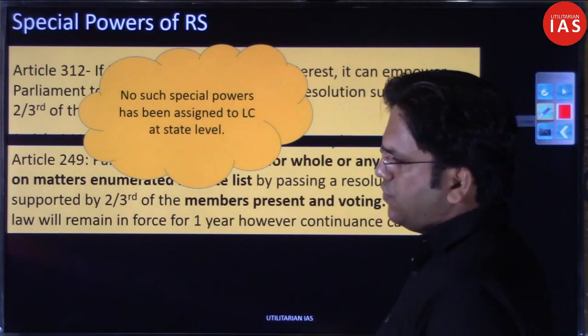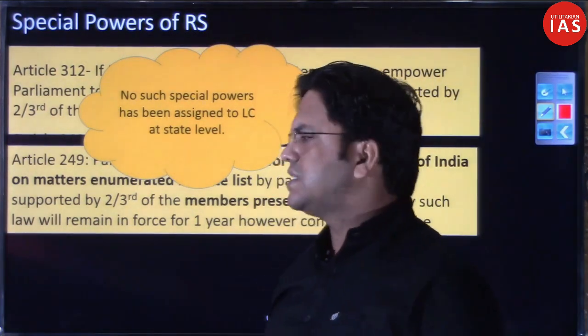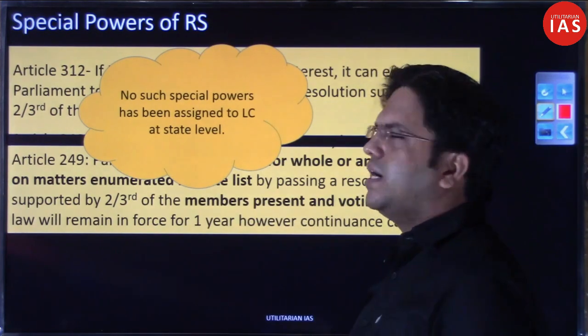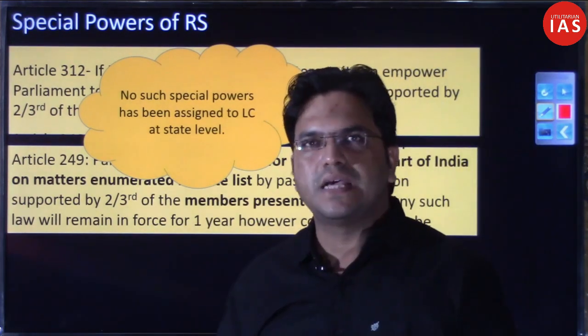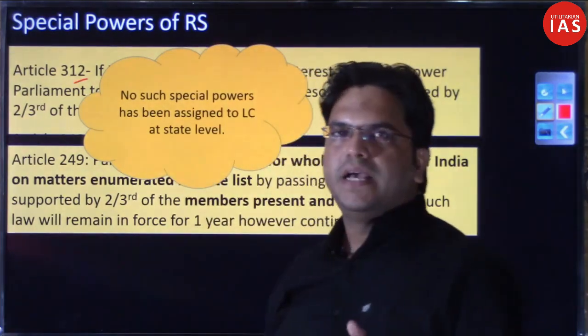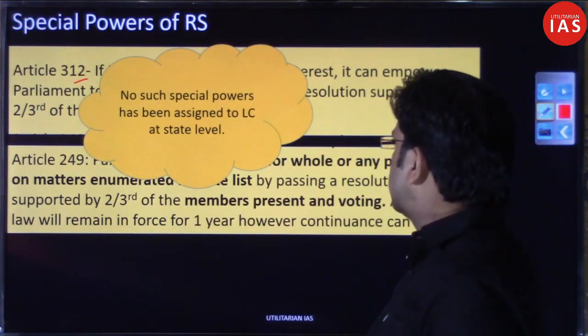One more area where you can see the ineffectiveness of the legislative council, if you remember, under Article 312 and Article 249, when we were discussing Rajya Sabha, we had said that there are certain special powers in addition to the power that Lok Sabha has.